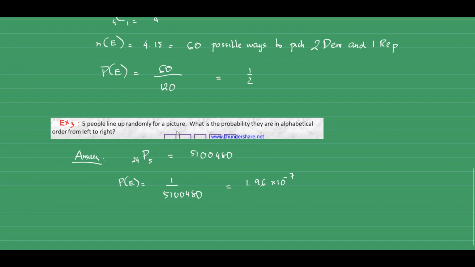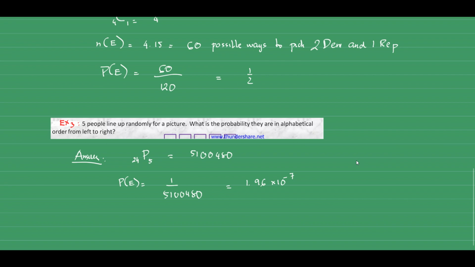Each of them is different. It could be A, C, D, B, E. You see that? Many different options. We pick only one option.